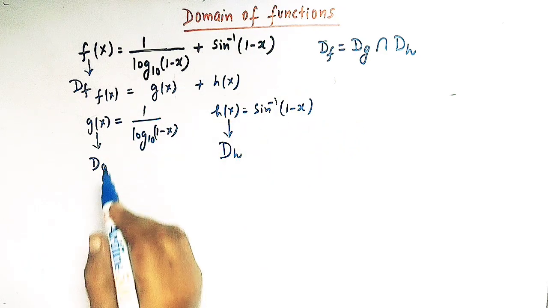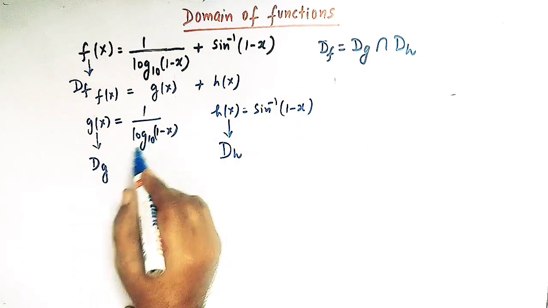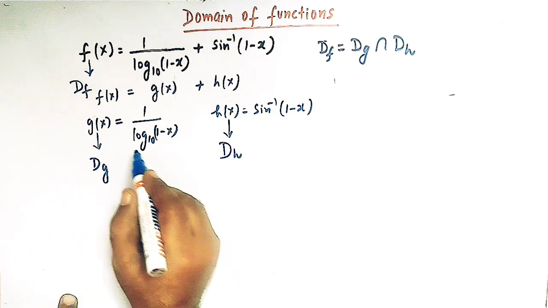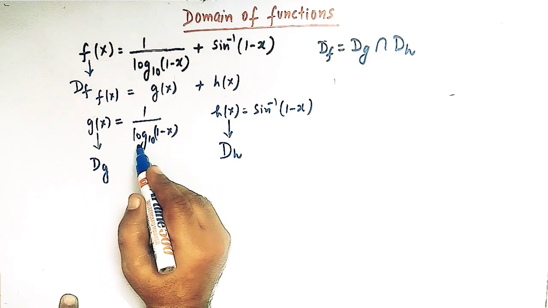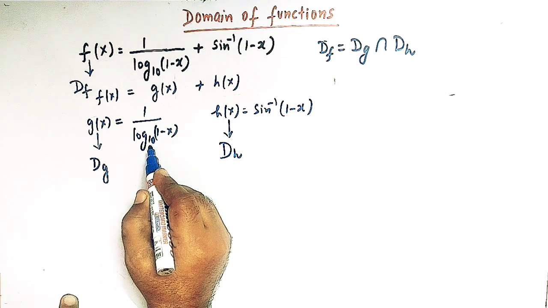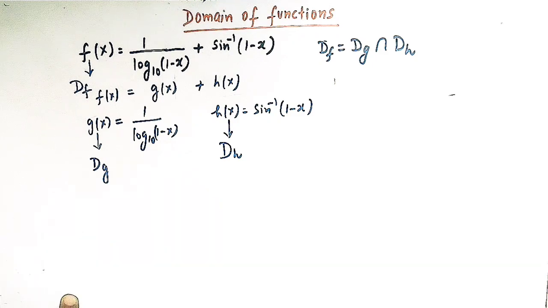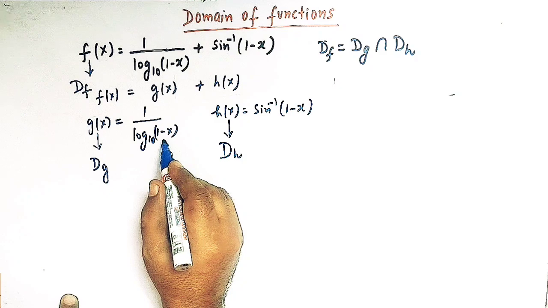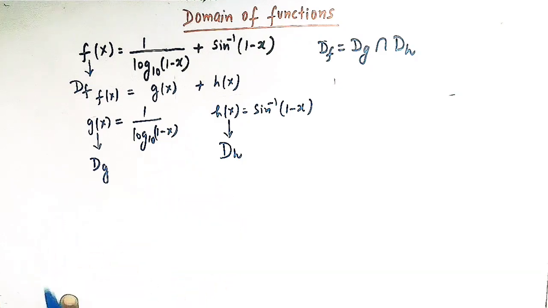So let us first find the domain of g of x. Here we see that in the denominator we have logarithm of 1 minus x to the base 10, and we know that logarithms of negative quantities are not defined in the set of real numbers.